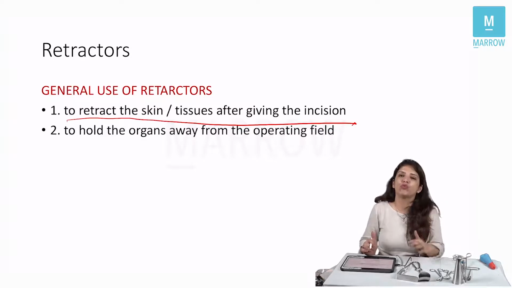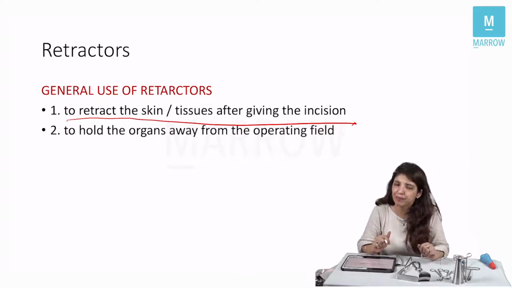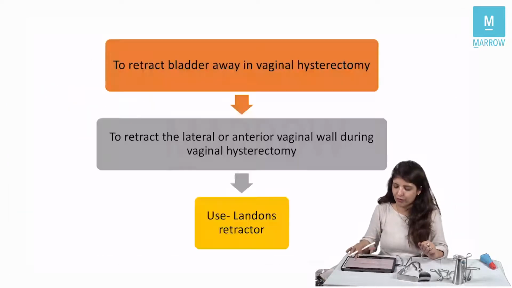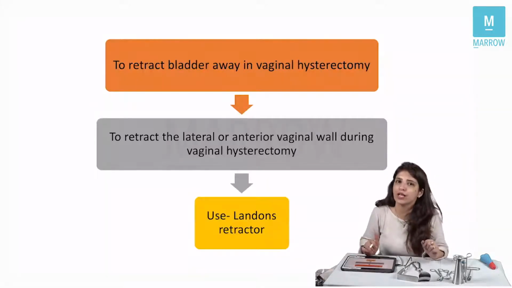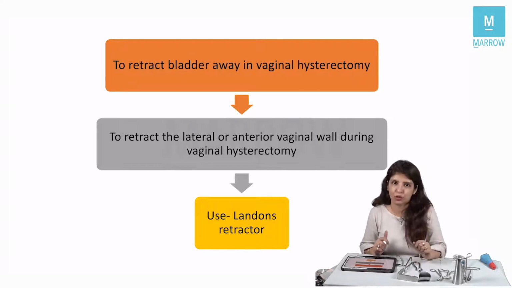First, I'm going to tell you what retractors are used for keeping the organs away from the operating field. Now, when we talk about keeping the organs away from the operating field, one organ which instantly comes to my mind is the bladder, right? Bladder has to be retracted during abdominal surgeries also when you are operating on the uterus, and it has to be retracted in vaginal surgeries also.